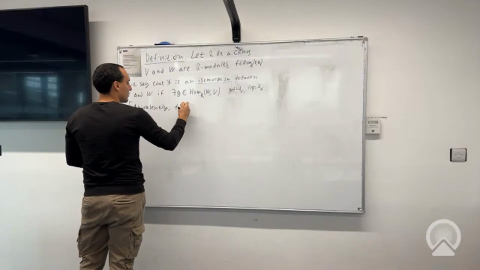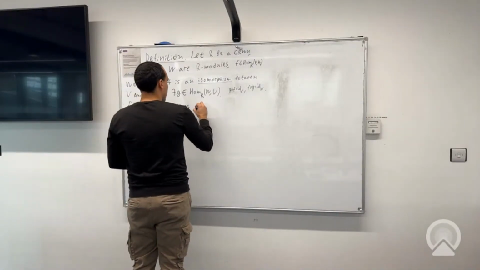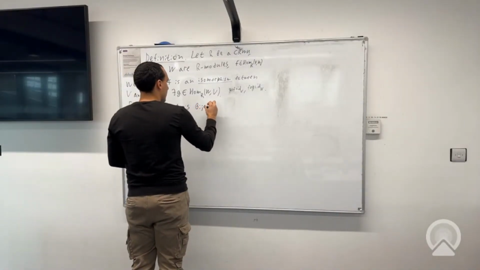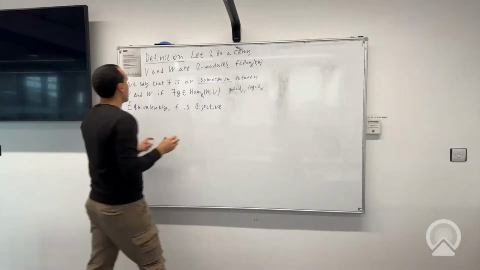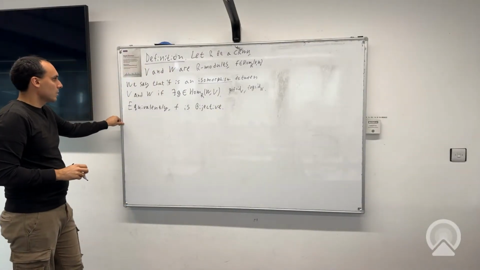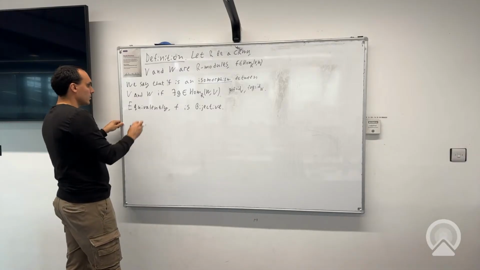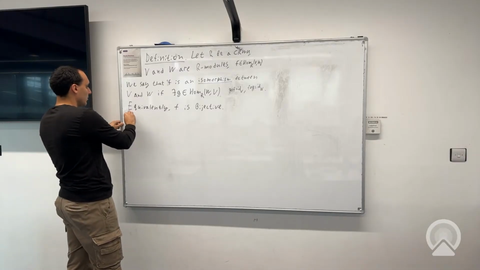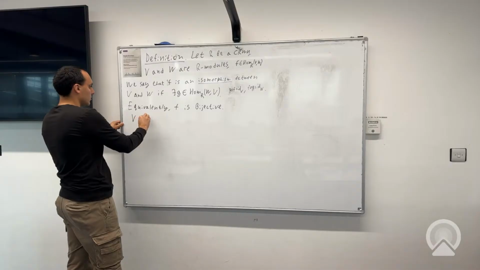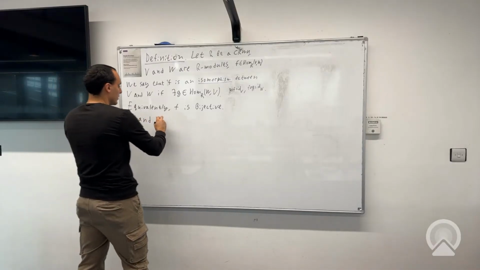F is bijective. Okay. And V and W are called to be isomorphic.